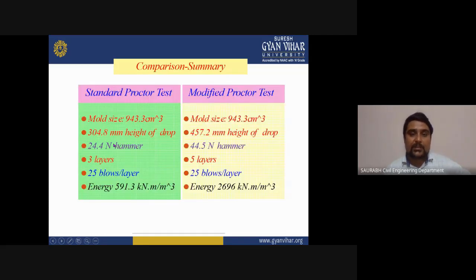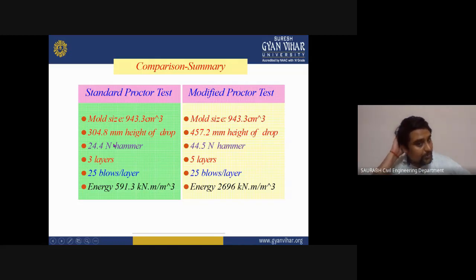Now we will also do a summary comparison. In the standard Proctor test, the mold size is 943.3 centimeter cube, and here the mold size is the same. The height of drop is different: in standard Proctor it is 304.8 mm, and here it is 457.2 mm.